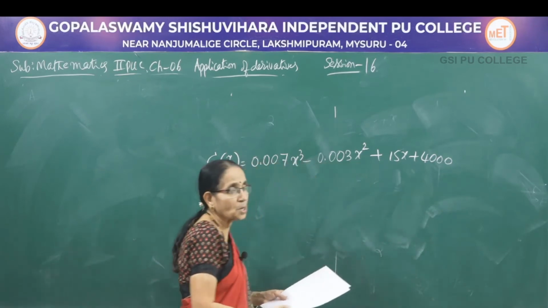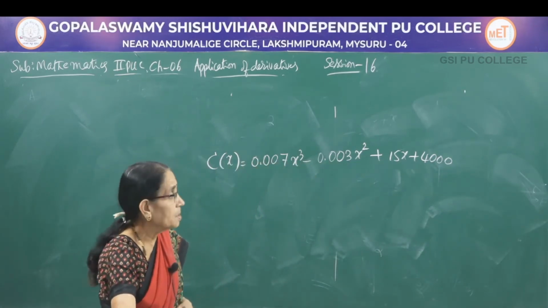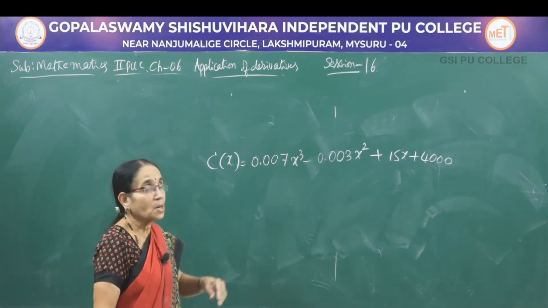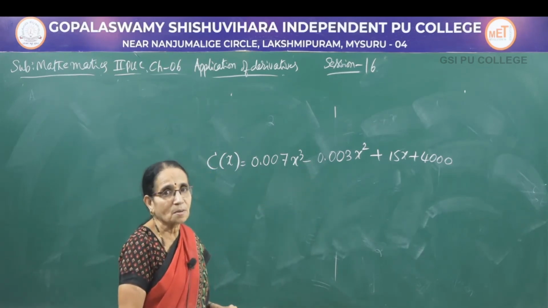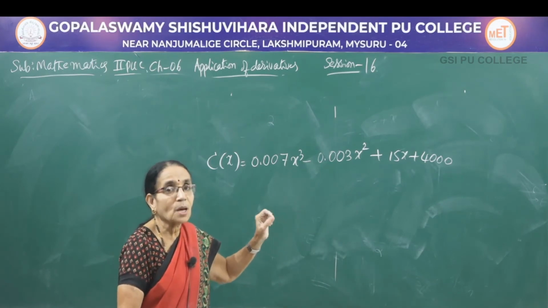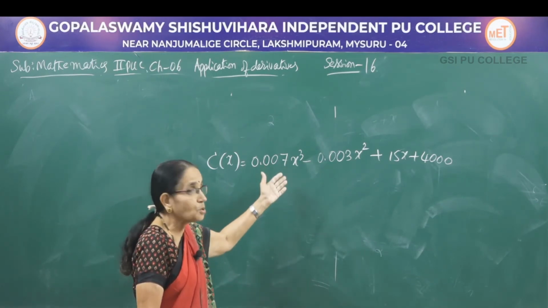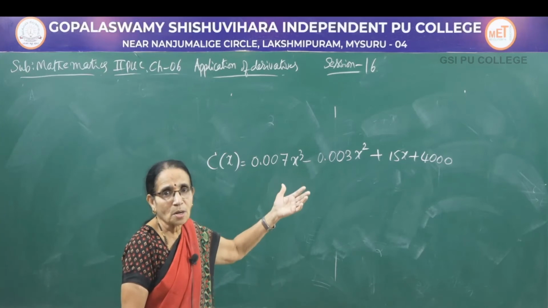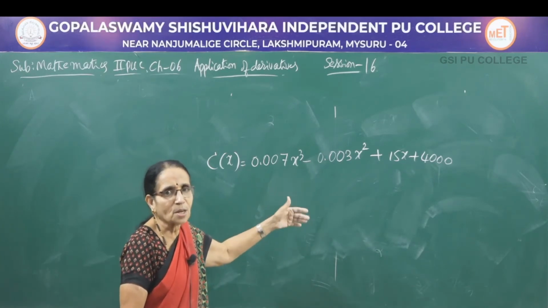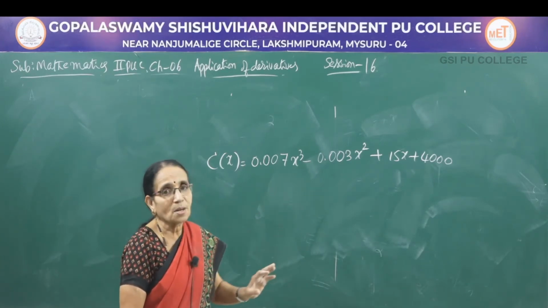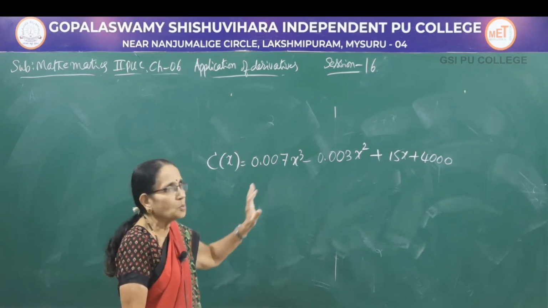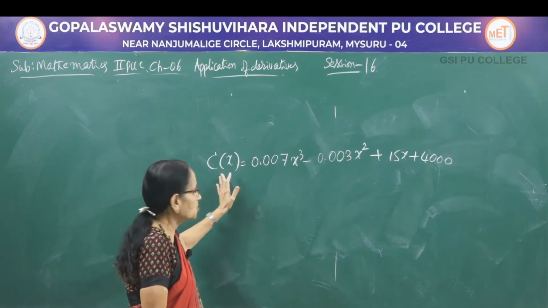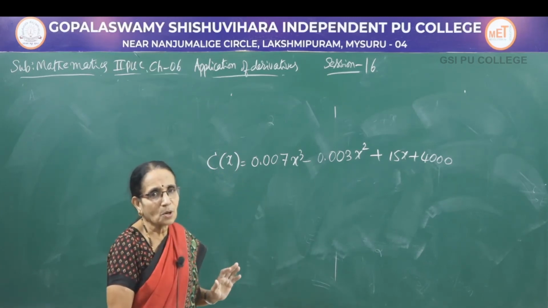Now, I just mentioned fixed cost and variable cost. You observe the first three terms contain x. So, that becomes the variable cost, because as x varies, with more units it would be more, with fewer units it would be less. That 4000 is called the fixed cost. So, this is called the cost function. Generally, it would be given like this. C stands for the cost, x stands for the number of units.